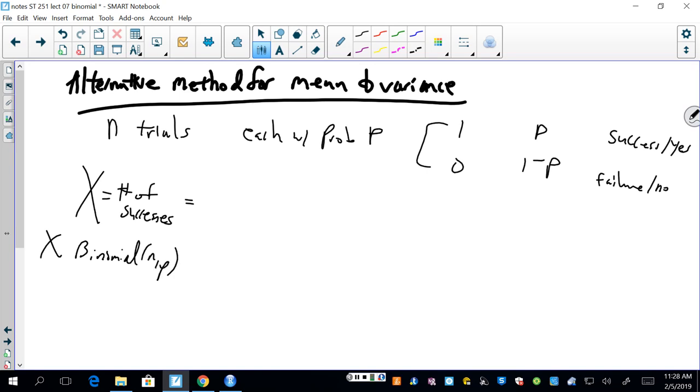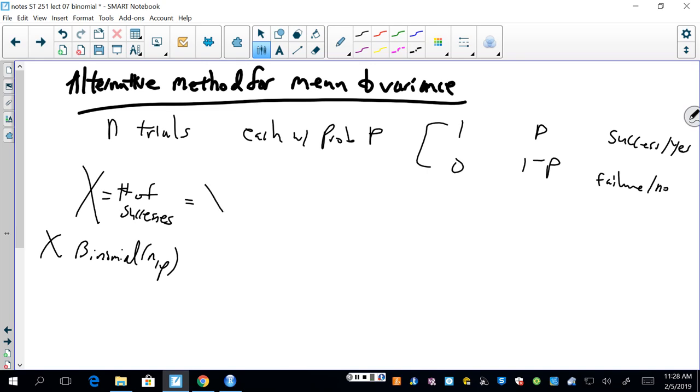What happens if we keep track of each individual trial? What is the distribution for each individual trial? Each individual trial either gives us a 0 or a 1. So really X can be just the sum of those things. We add 1 if it's a success in the first, add 1 if it's a success in the second, and so on.